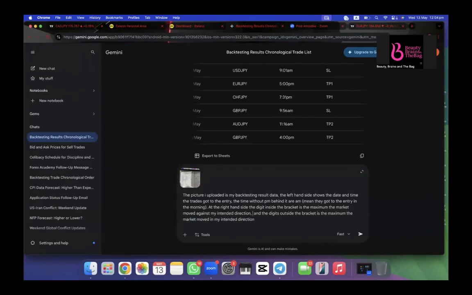When you see a decimal point in the bracket, it means the market didn't move against my direction before moving towards my direction. Didn't move against my direction at all.